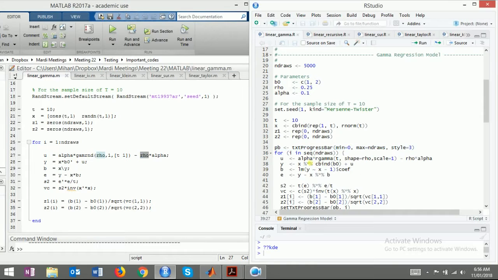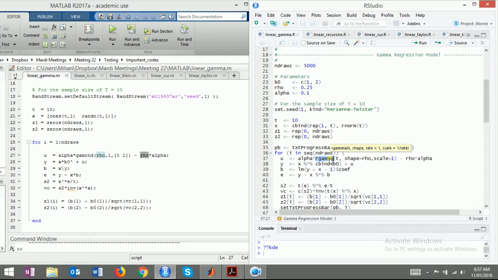Let's see, alpha into rgamma. rgamma is the function for gamma random. N, shape, rate, scale 1/rate. As you can see, the number of observations is T, which is given in MATLAB as T rows, one column.